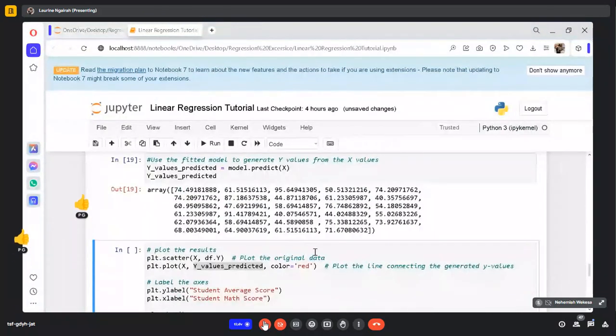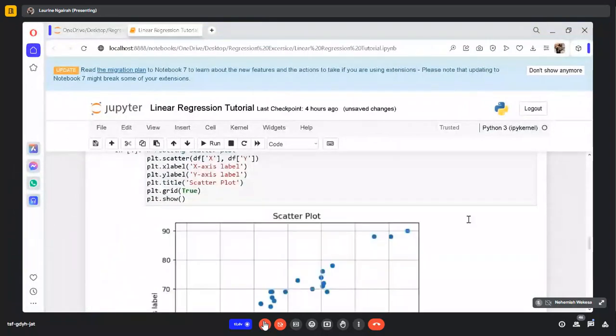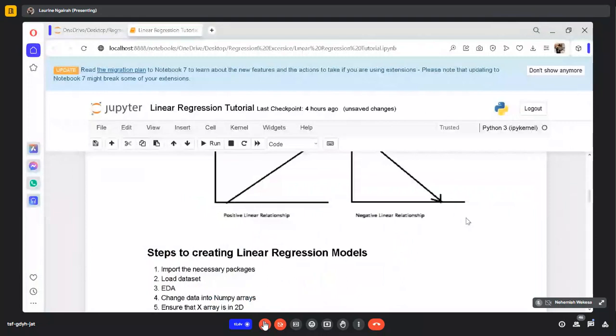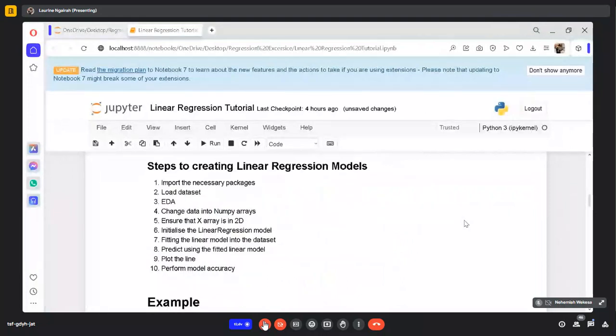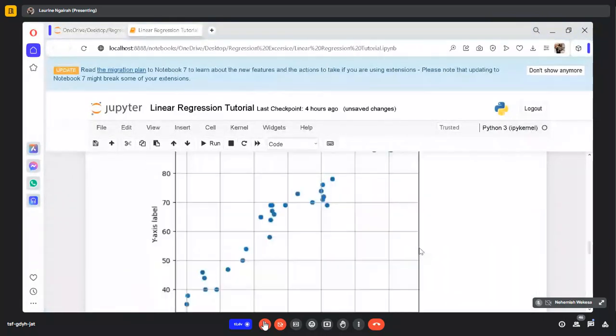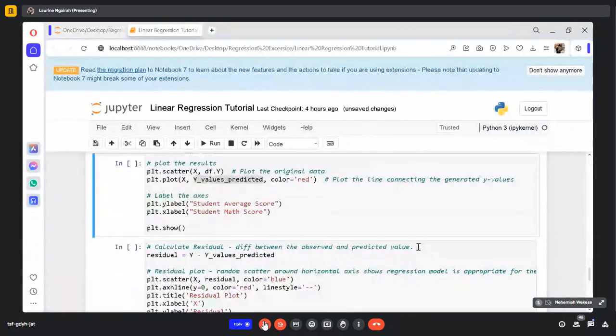So for the next step, let me just go back. Sorry for taking you back and forth. Now we are plotting our line of best fit. This is the code. I don't know if anyone wants me to explain this.